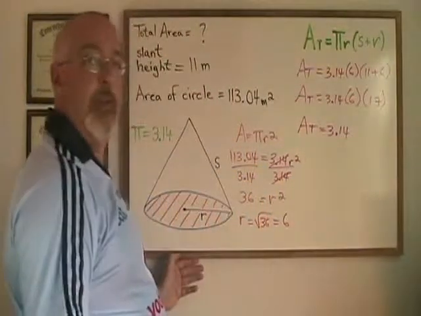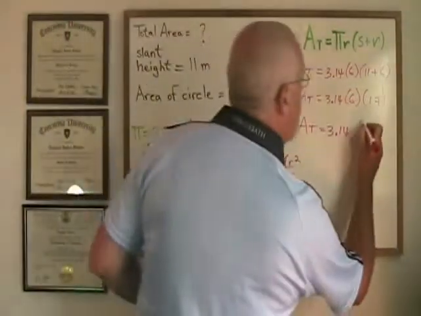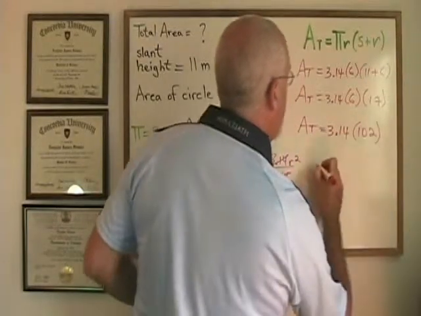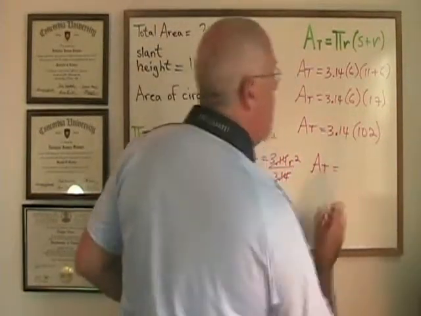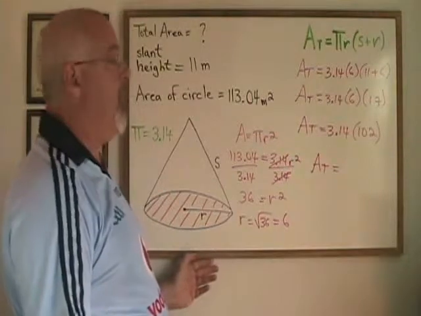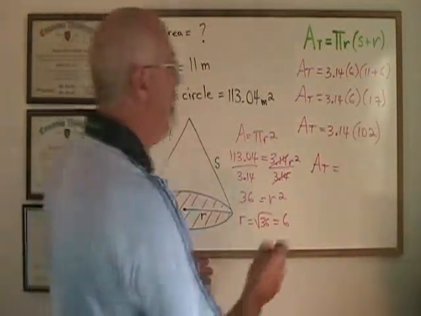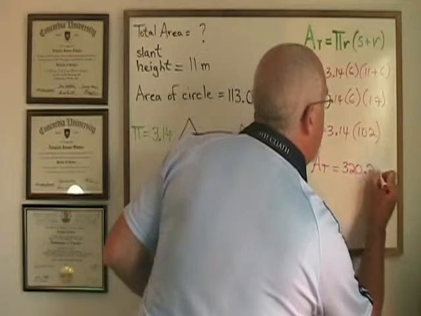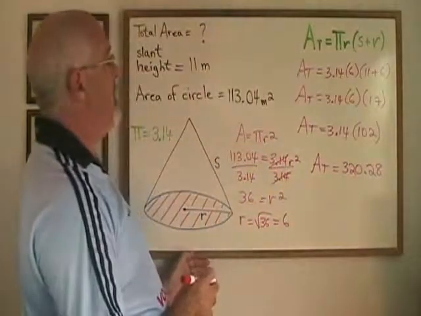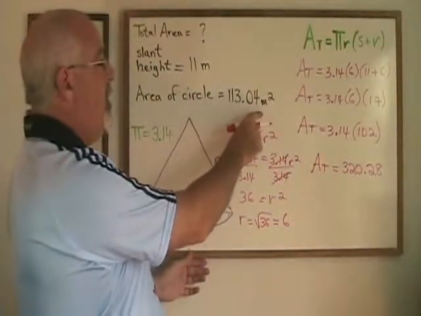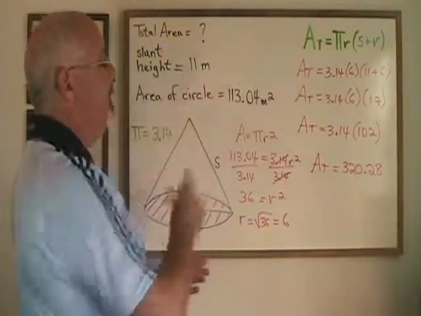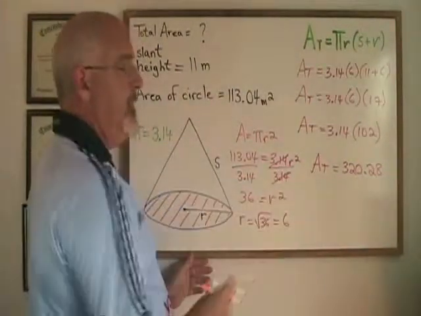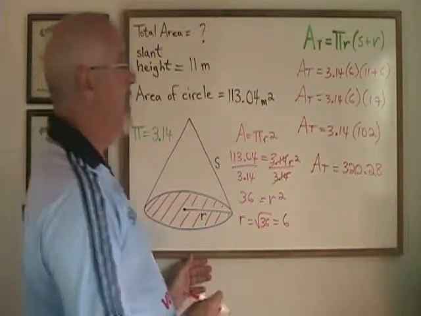Six times 17 is 102. The total area will be 3.14 times 102, which is 320.28. And because our area unit is meters squared and our distance unit is meters, this is an area, the unit will be meters squared.